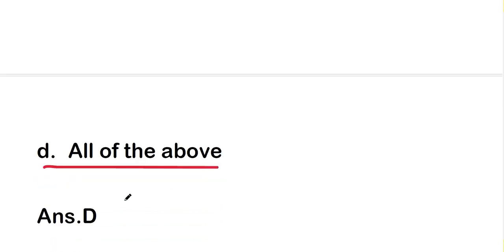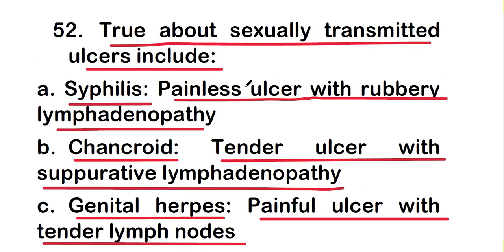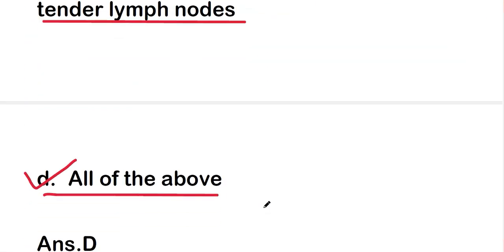So the right one is option D, that is all of the above. So true about sexually transmitted ulcers includes all these A, B, C. Okay, so move on to the next one.